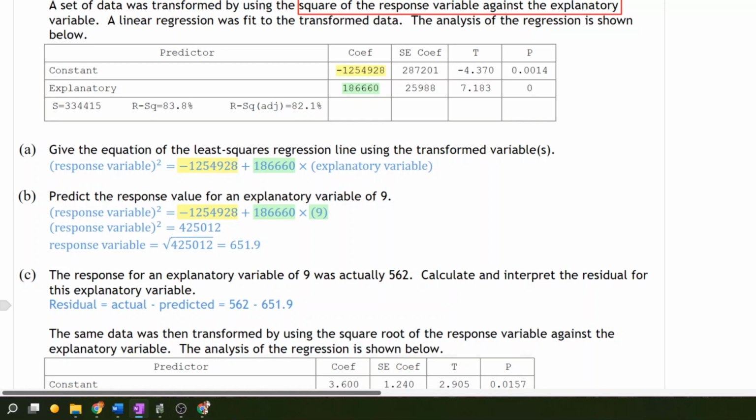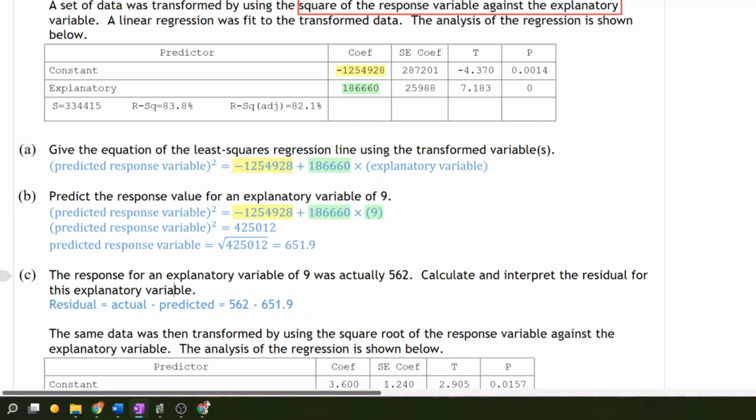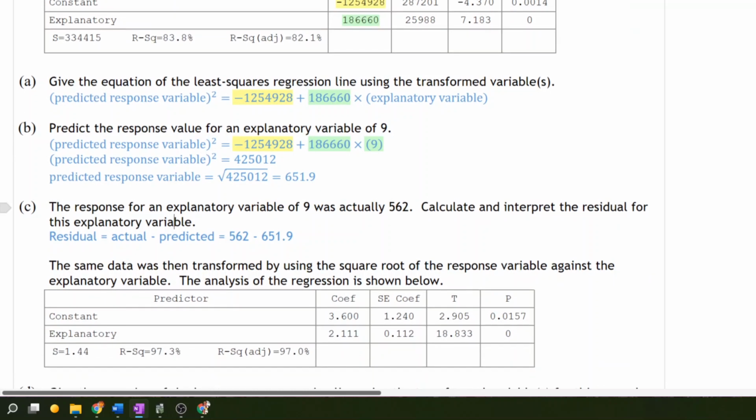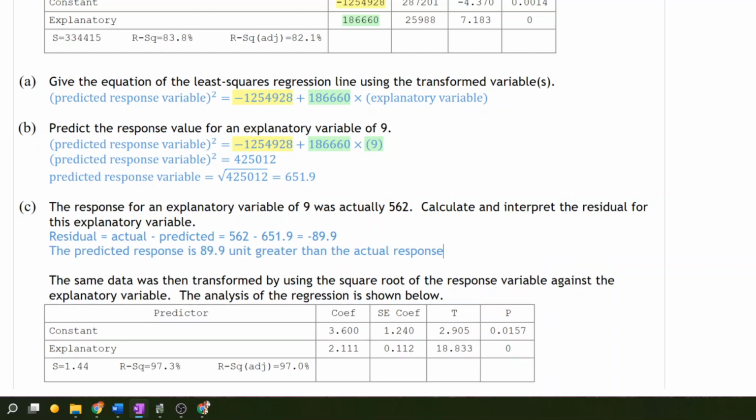That just reminds me I need to change all of these to predicted response. That's better. And let's see what we get. Okay, negative 89.9. Use your calculator for that. So this means that the predicted was greater than the actual. The predicted response is 89.9 units greater than the actual response.